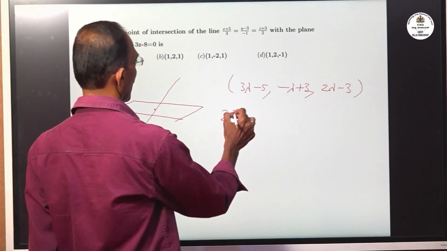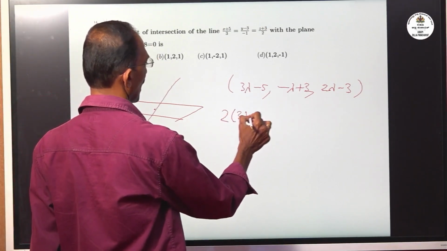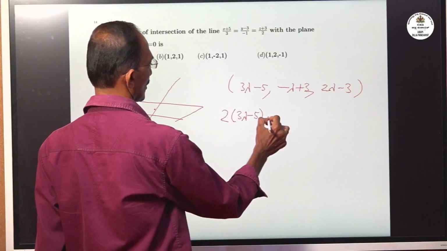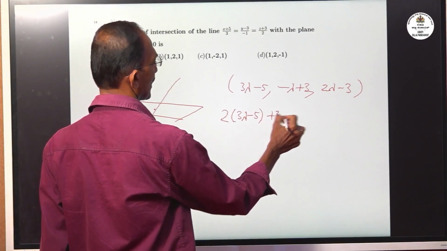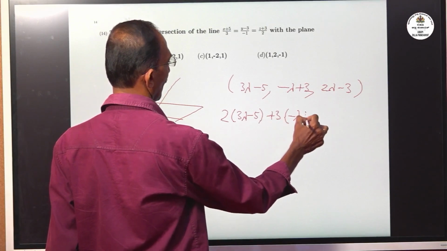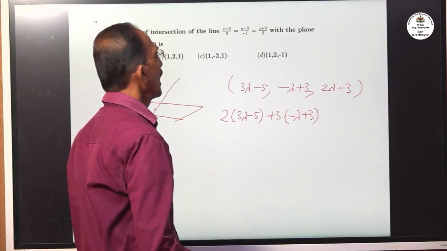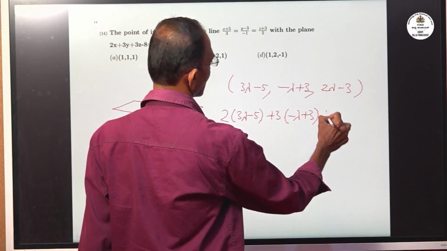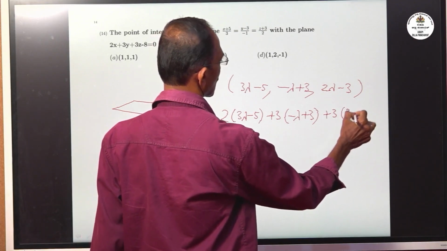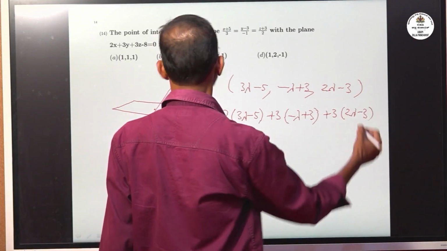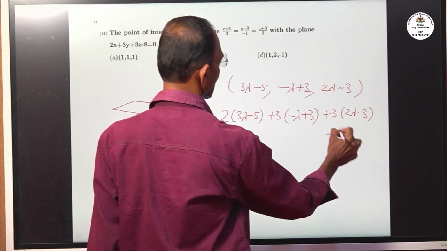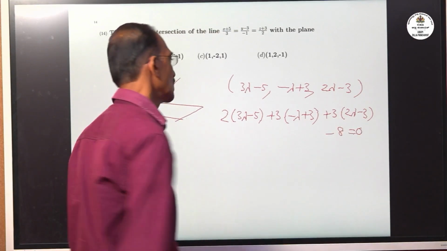So 2 into (3 lambda minus 5) plus 3 times (minus lambda plus 3) and 3z, so 3 times (2 lambda minus 3), minus 8 equals to 0.